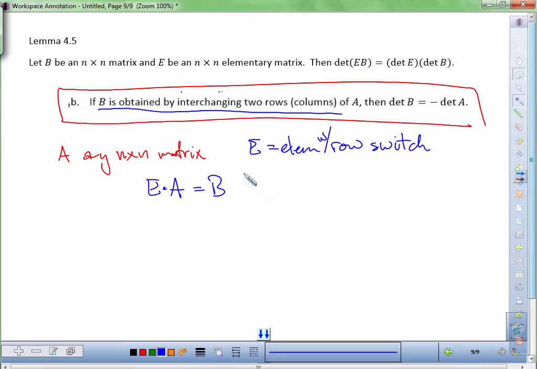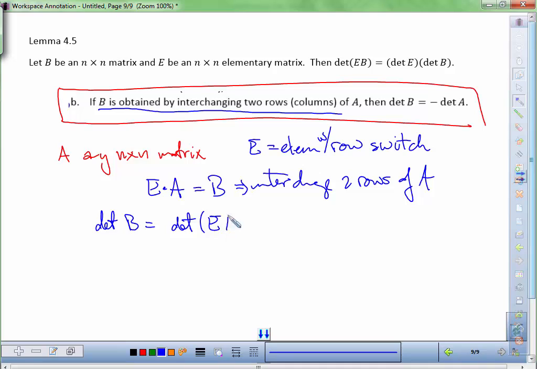So interchange. Okay? So if that's true, then the determinant of B is equal to the determinant of the product of E times A, which according to this lemma is equal to the determinant of E times the determinant of A. Right?